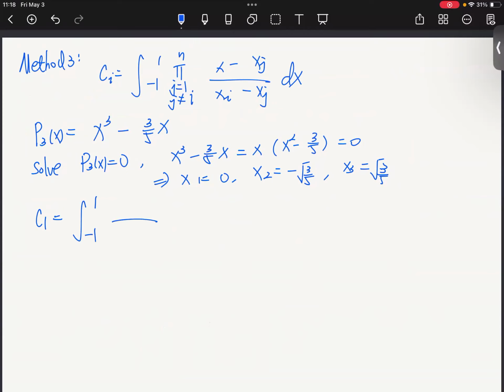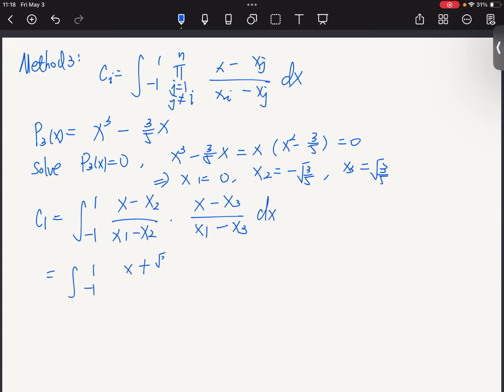So we get x1 minus x2 and x minus x2 times x minus x3 and then x1 minus x3 and then dx. Which means you need to do the integration from -1 to 1 of x minus.